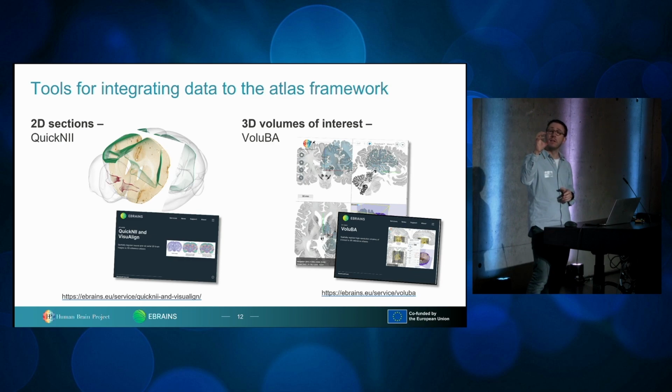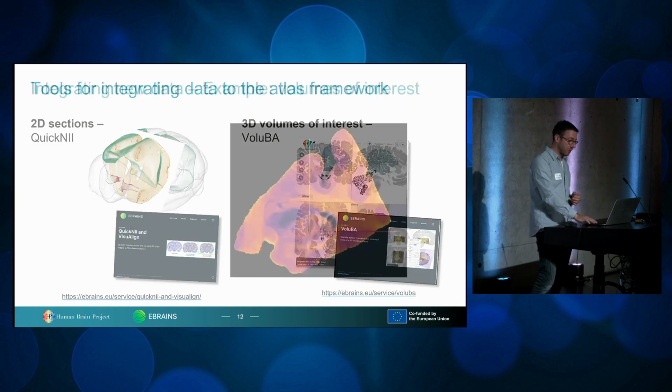For example, registering a tiny tissue block from a histological experiment into a reference brain is not something that, as of today, as far as I know, you can reliably do in an automatic fashion. It requires many assumptions. You cannot do it 100% precisely in different subjects, at least not in a human brain. So there are interactive tools to do these things.